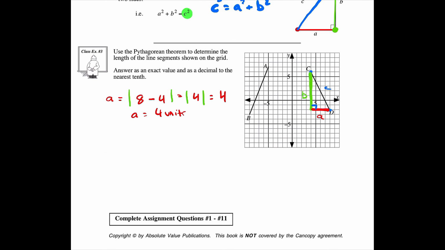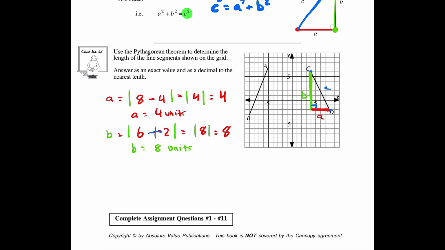And if we're looking at what we're calling line B in this case, that is going to equal the absolute value of the most positive value, which is 6, minus the more negative one, which happens to be -2. And we're taking the absolute value of that, realizing two negatives make a positive, and this equals the absolute value of 8, and the absolute value of 8 is 8, so B is 8 units long.